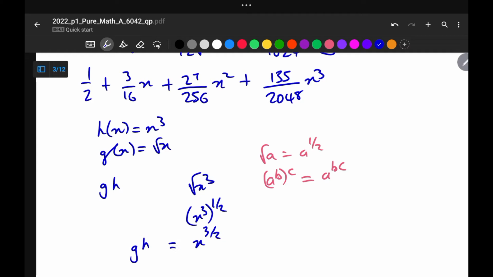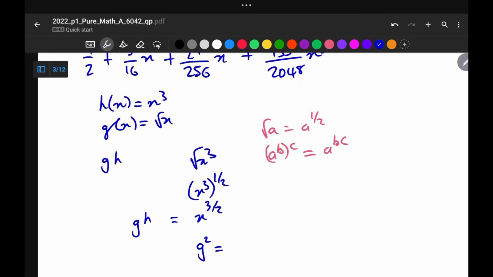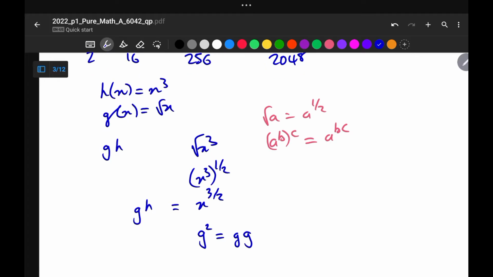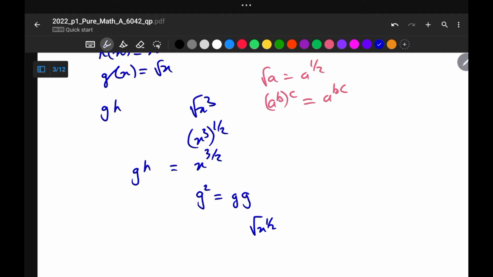Okay, and let us move on to the next part of our question, which says calculate g raised to the power 2. So g raised to the power 2 is simply equal to g of g. So we are going to substitute the function g of x for x in the function g of x. Given that g of x is equal to square root of x, g of g is square root of x raised to the power half, because you understand that square root of x is equal to x raised to the power half.